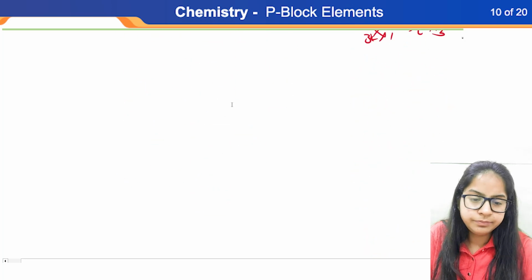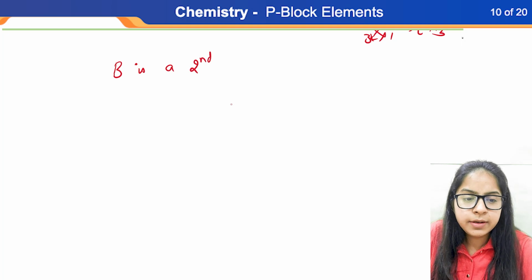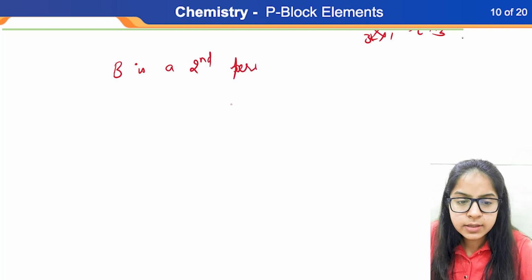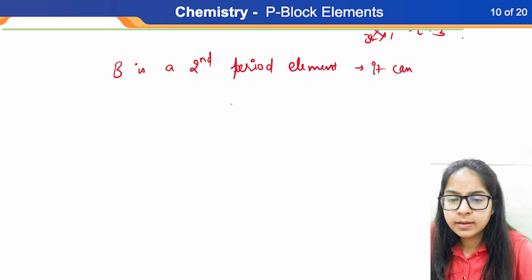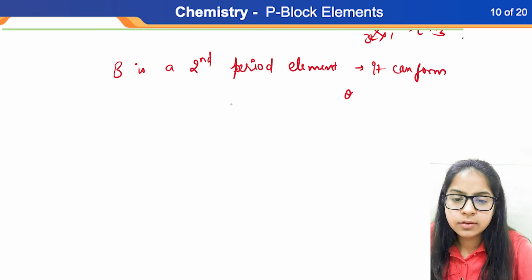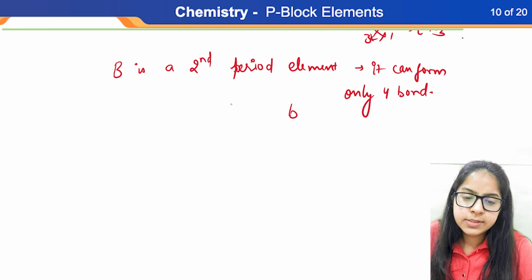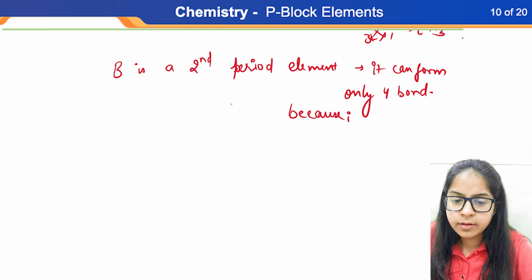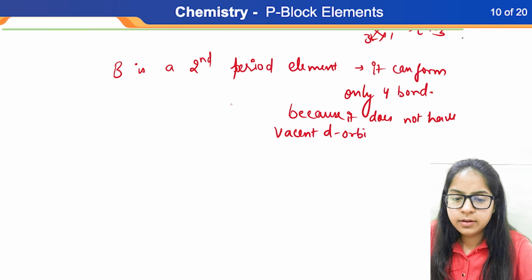Because boron is a second period element. Boron is a second period element. So it can form only 4 bonds. Only 4 bonds, because it doesn't have vacant d orbital.